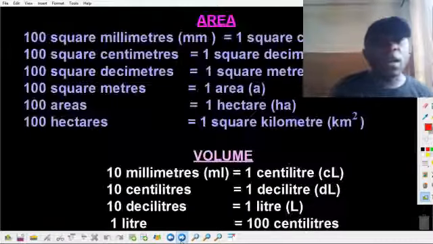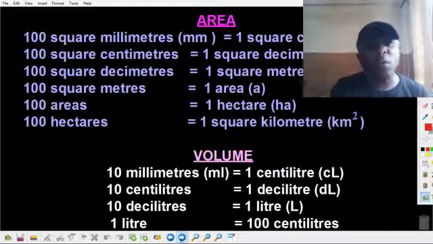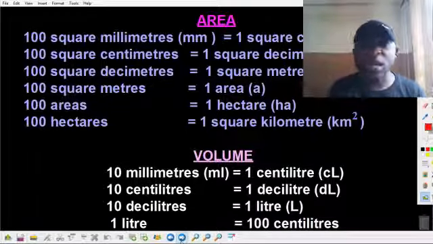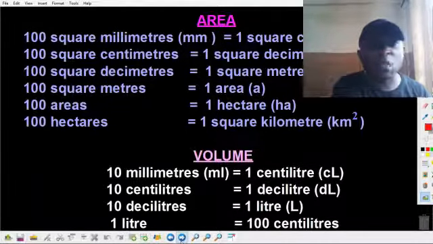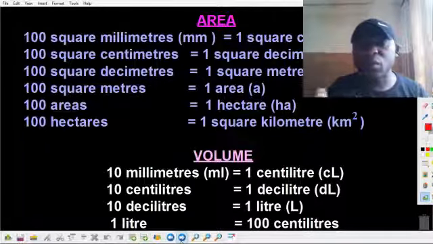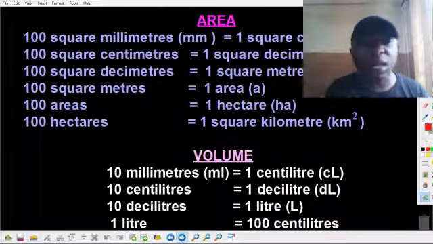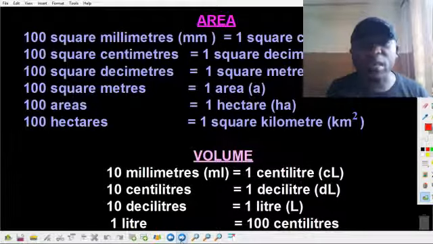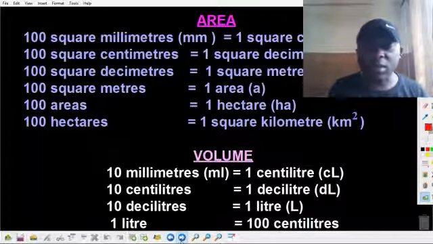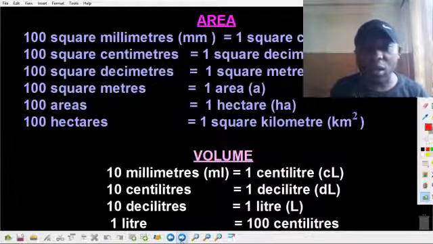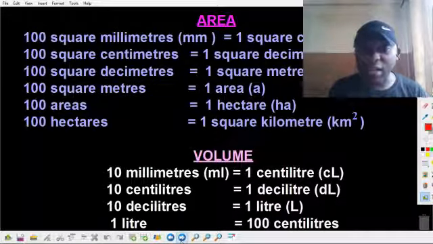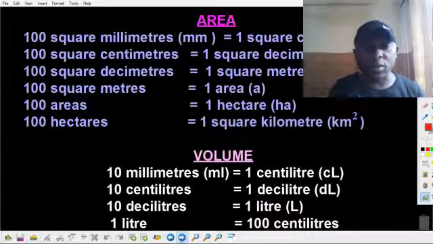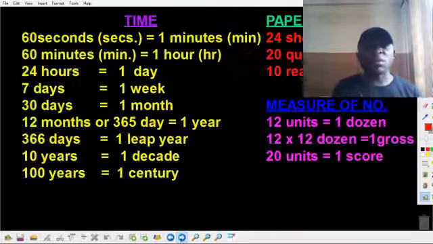Now for area, they should learn how to convert square millimeters to square centimeters, square centimeters to square decimeters, square decimeters to square meters, and so on and so forth. This conversion is very, very essential. It's going to guide them and help them in looking out for solutions to most of the questions they are going to come across.